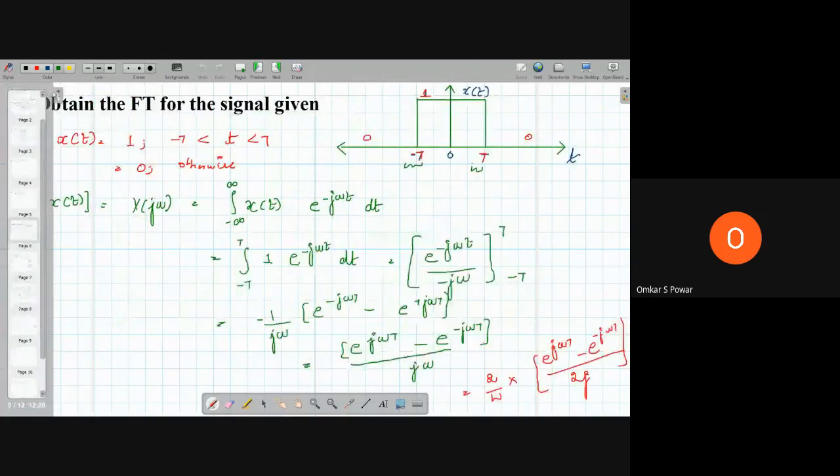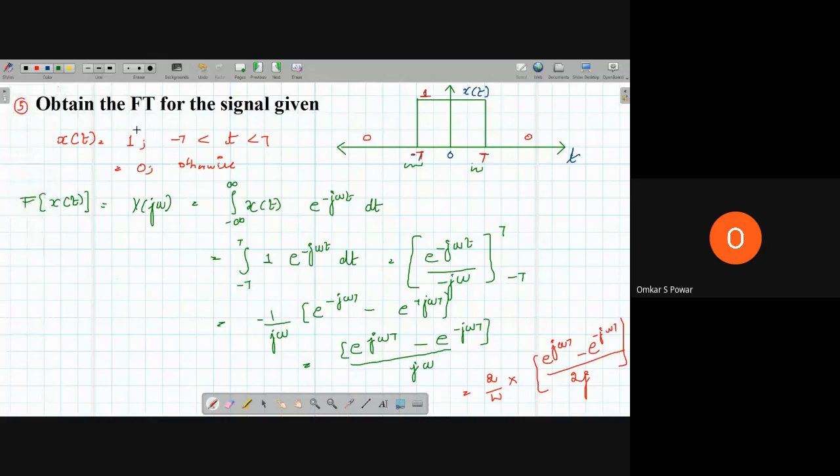Okay. So what have we done in this problem? Given the problem, we have to find the Fourier transform of this signal. I have written the mathematical expression: the Fourier transform of x of t is X of j omega, which is equal to the integral from minus infinity to infinity of x of t e power minus j omega t dt, and substituted the value of x of t within the limits.